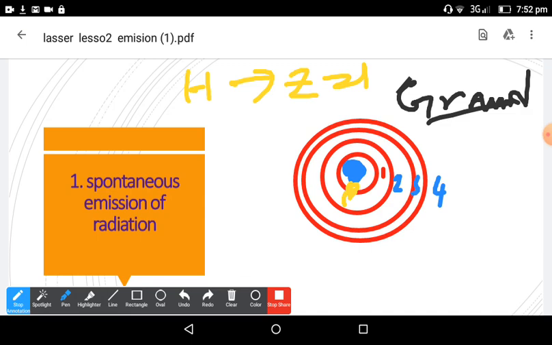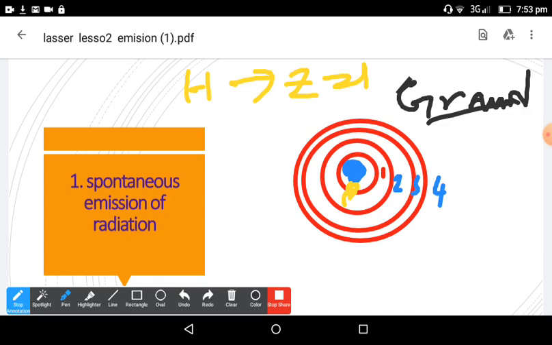When the temperature of the hydrogen gas is increased, when some energy in the form of electric discharge is passed through the atoms of the hydrogen, then the hydrogen atoms gain that energy, and the electron which is in the first orbit of the atom will reach the higher orbits. Here we have the higher orbits.